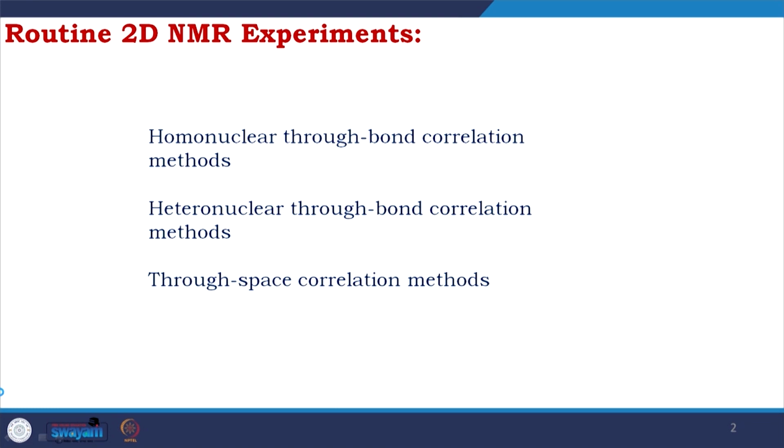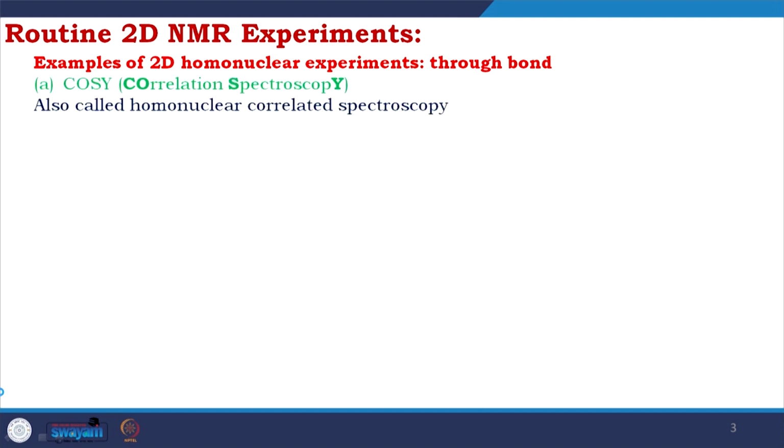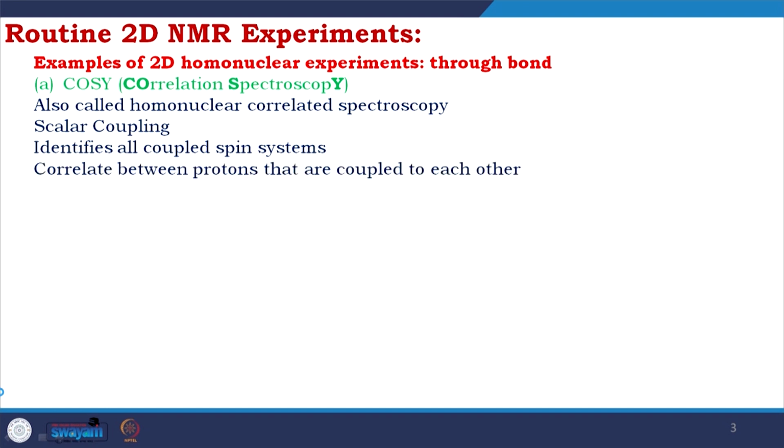Example of 2D homonuclear experiments through bond: COSY, the correlation spectroscopy, which is also called homonuclear correlated spectroscopy. Its scalar coupling, as already talked about, is through bond, identifies all coupled spin systems, and correlates between protons that are coupled to each other.